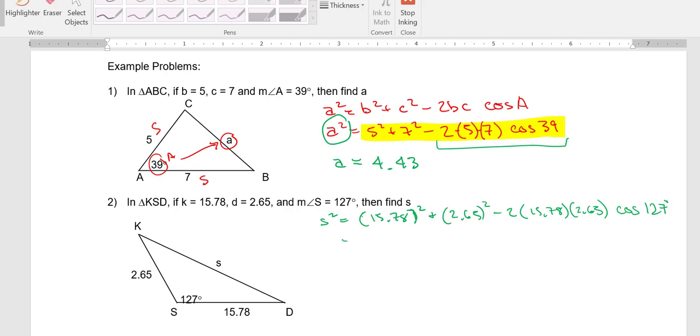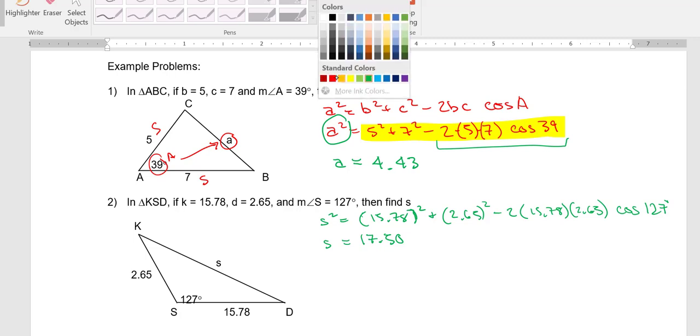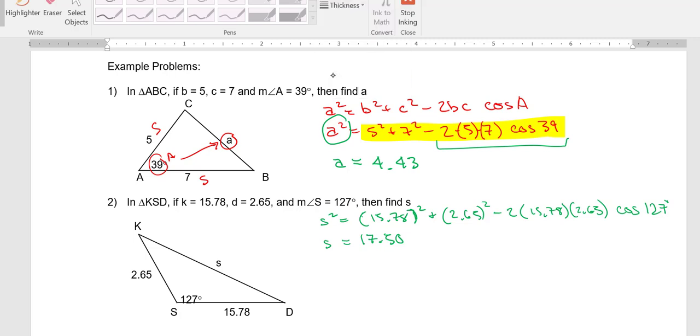Okay, and what you're going to get when you solve for s, and again, check this on your calculators because practicing that will be really helpful, you should get 17.5.